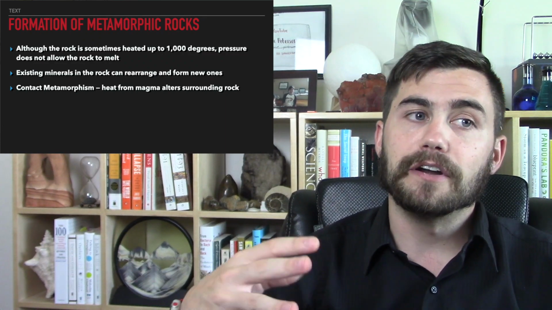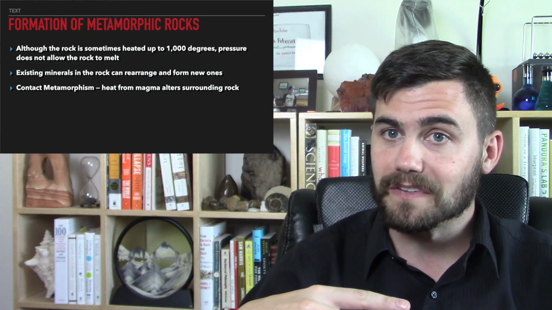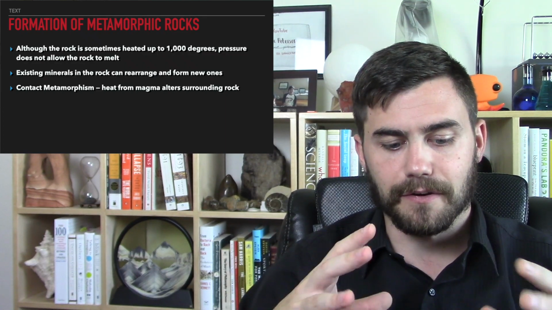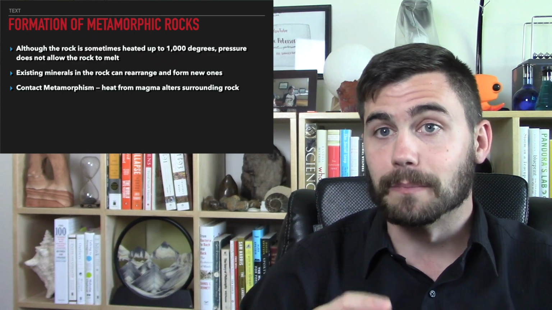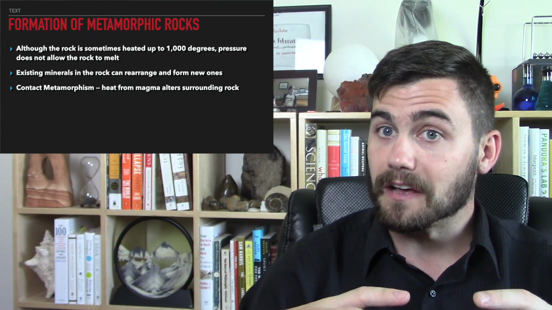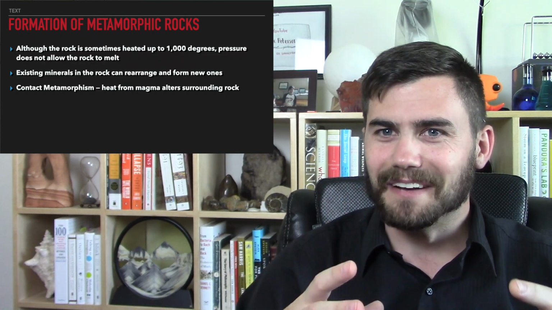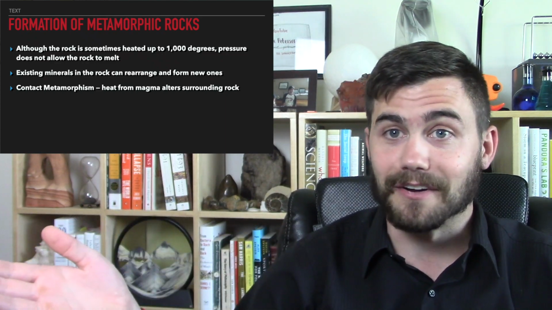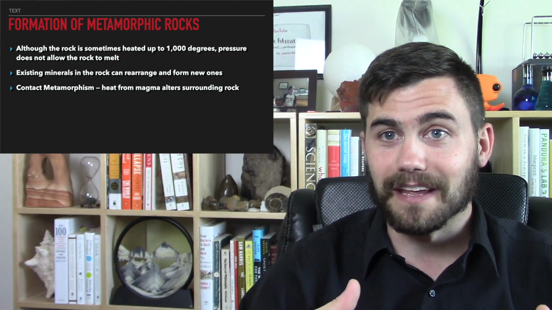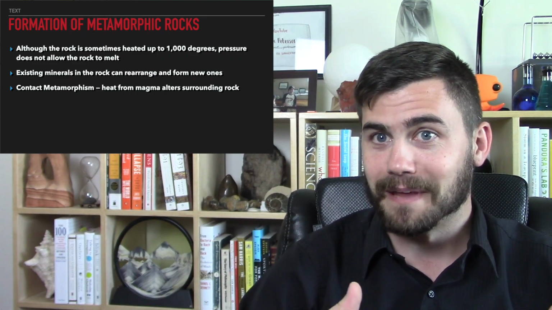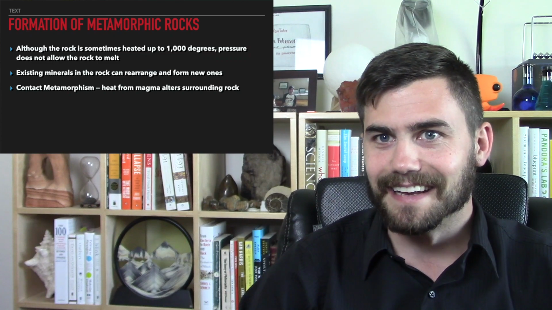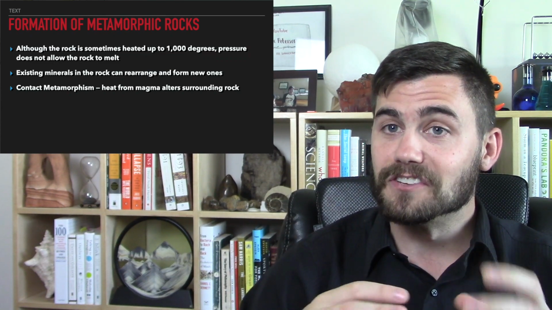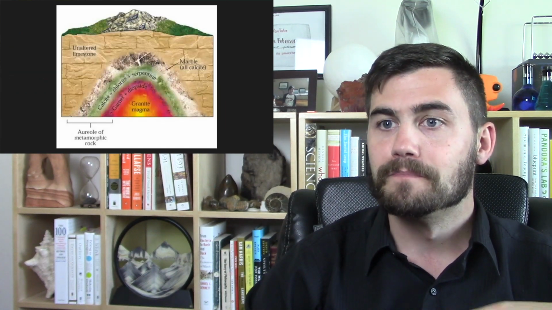But if they're far enough away from the magma source, or if the pressure is high enough, then the rock and mineral that surrounds the magma chamber don't necessarily melt themselves, but they are baked in a way, and they are completely changed. When you put cake batter into the oven, what comes out is very different from cake batter, structurally and chemically. All the pieces are still there, they've just been rearranged into a new form.